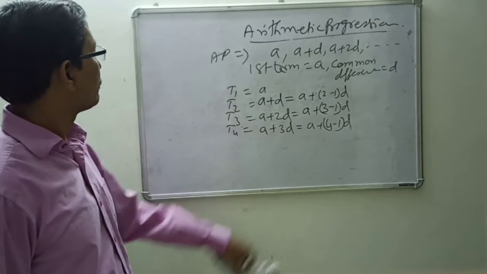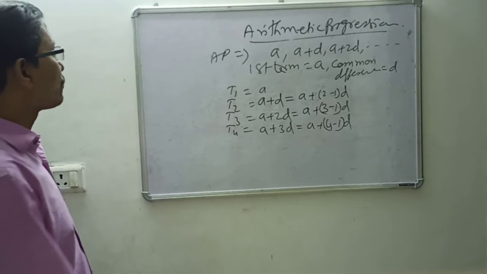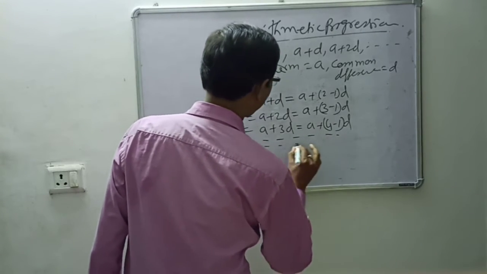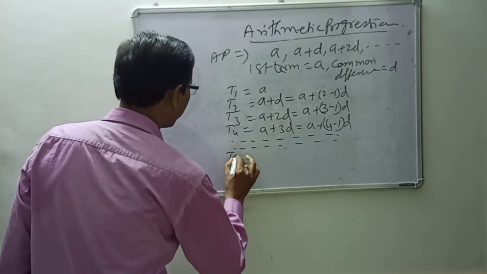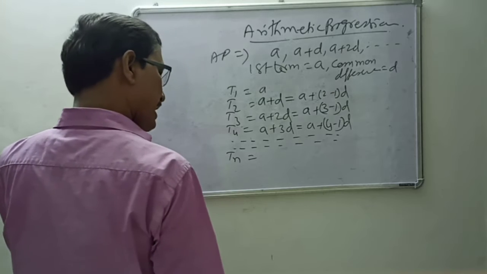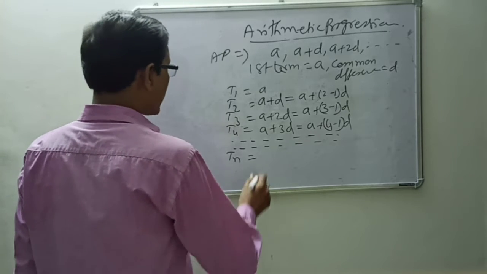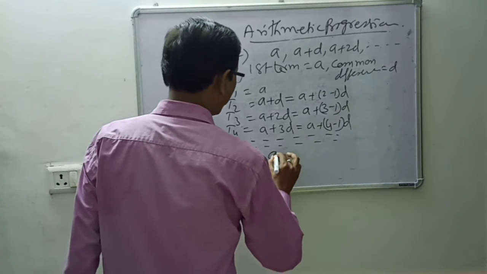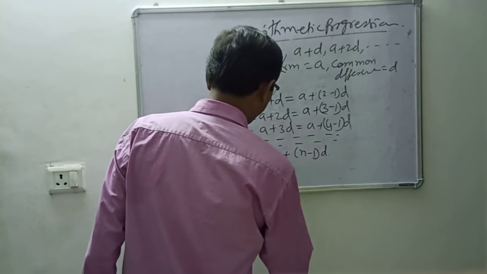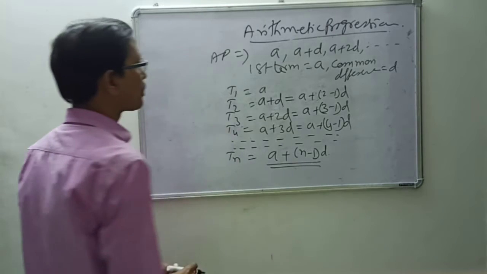So the general form, the nth term, is denoted by Tn, and in some books it is written as An. It will be in this form: A plus (n minus 1) into D. That is the formula.